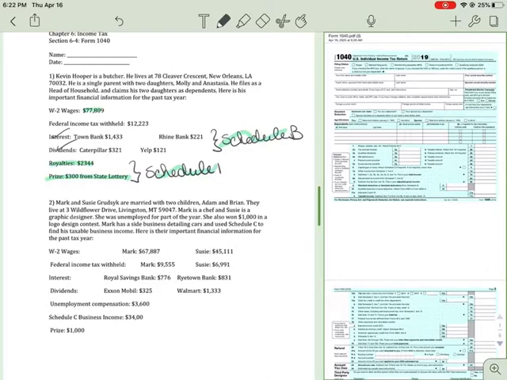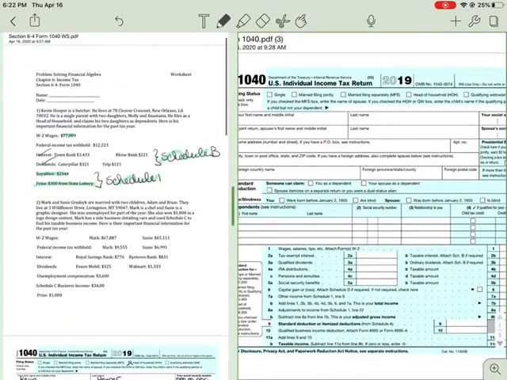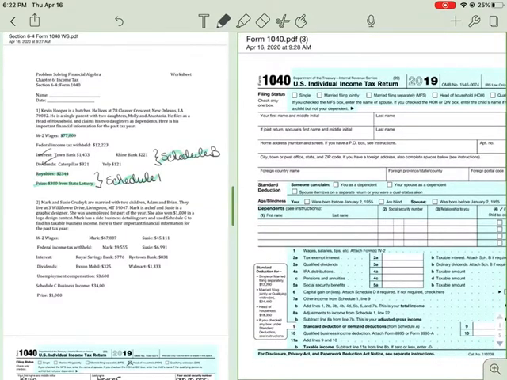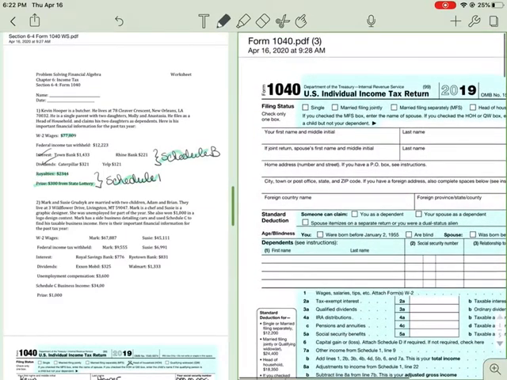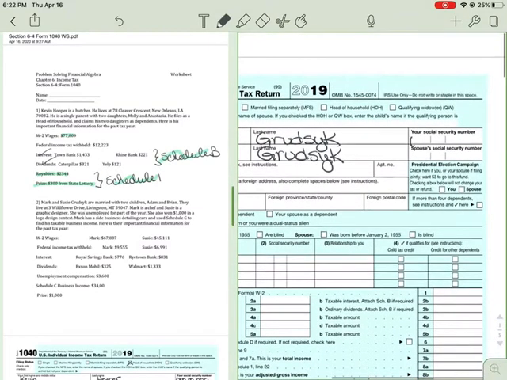All right, so again, the first thing that we're going to want to do is input their information into the 1040. Okay, so let's start with Mark and Susie. They're filing jointly. And again, we're just putting in zeros for the Social Security numbers.